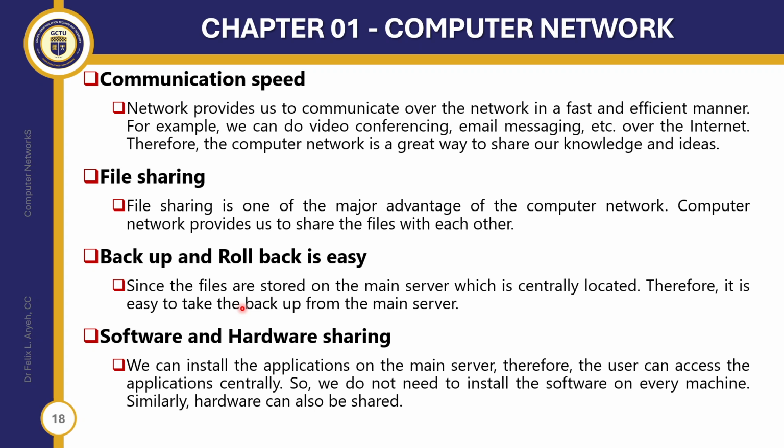So, if there is a little issue with that particular server, we could back it up and also have it installed on a different server. And rollback is very easy when it comes to this. So it is easy to take backup from the main server and now roll it on a different server so that we can have a continuous usage of the data that we've already sent to such servers.